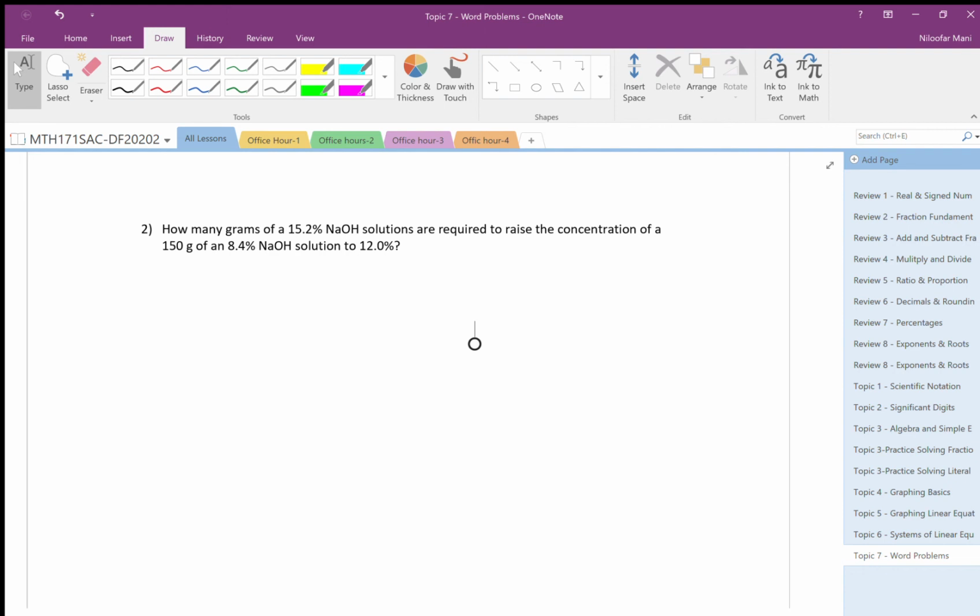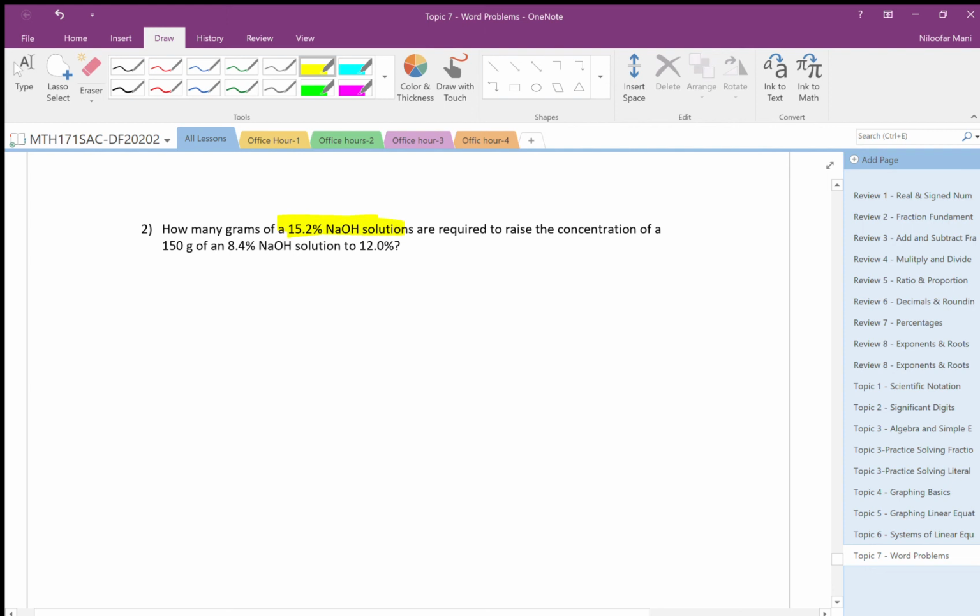As I said, you read the question first and understand it's a mixture problem. Then you can make diagrams or visualize it and think about how to write your equations, the unknowns and equations. So I have this solution, 15.2%, and I have 150 grams of this.